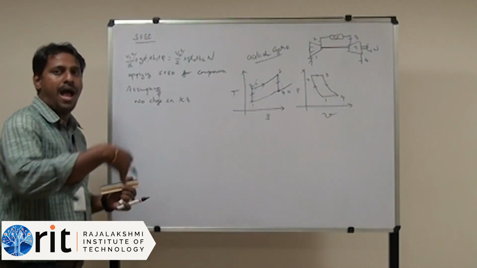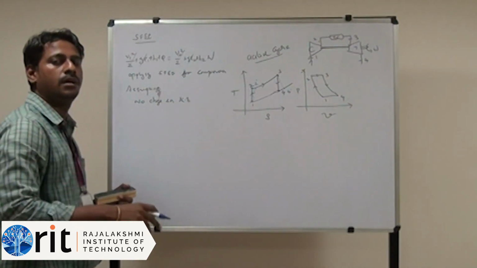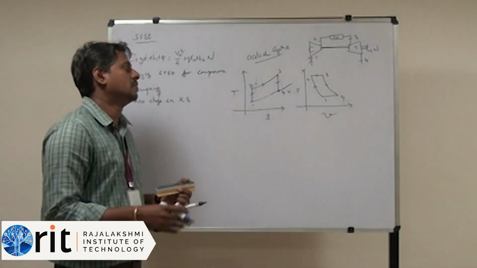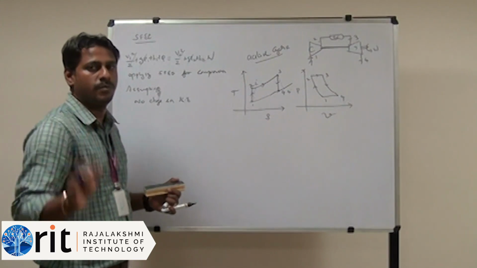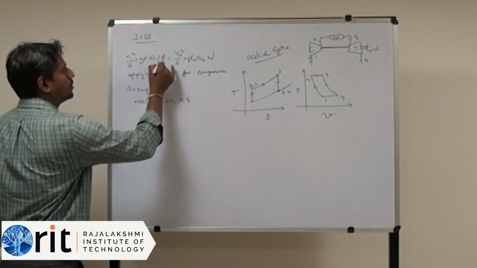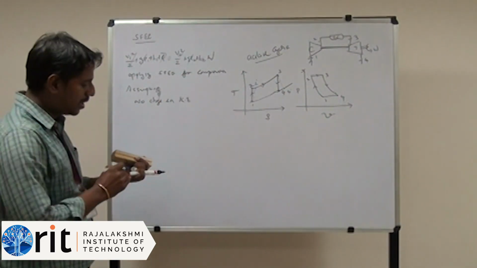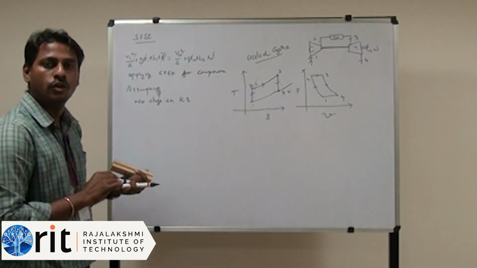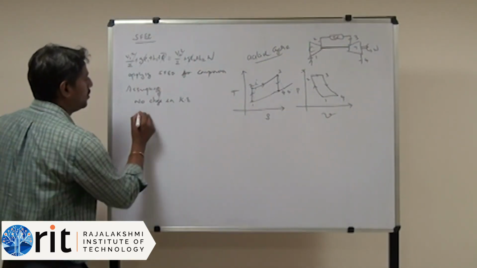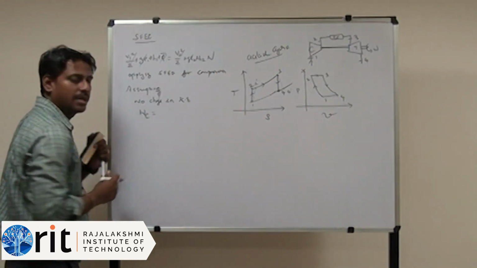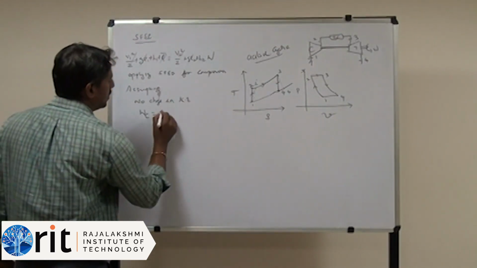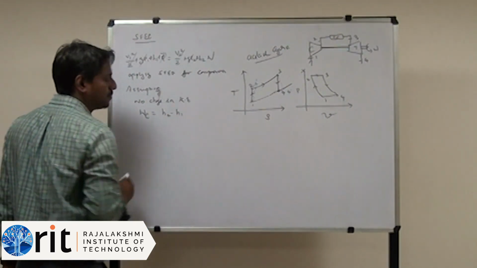And as we already discussed, the process is isentropic compression and expansion, so heat transfer will be neglected. This also gets cancelled. What are the remaining components? W, H1 and H2. So we can write the work done by the compression, WC, is equal to H2 minus H1.